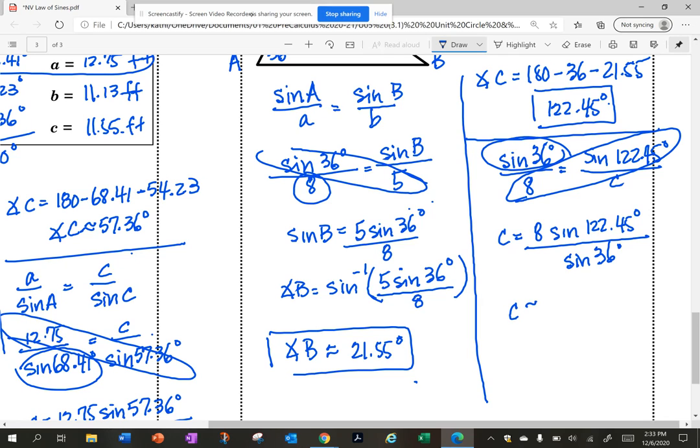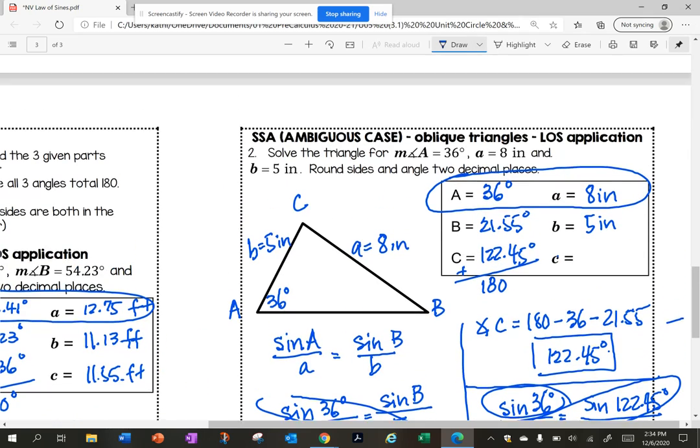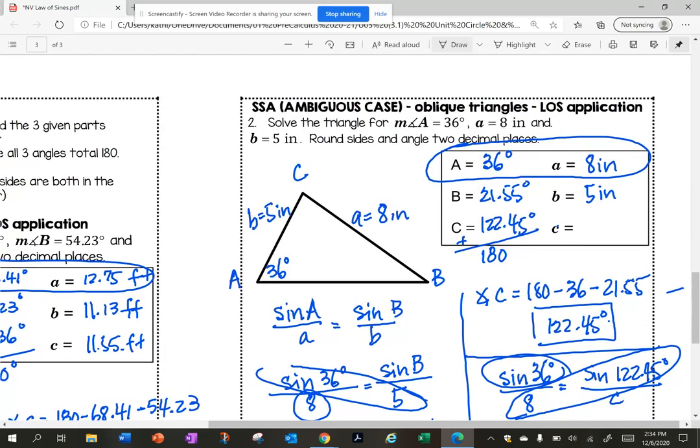So again, I would use that fraction, and I get C is approximately 11.49 inches.